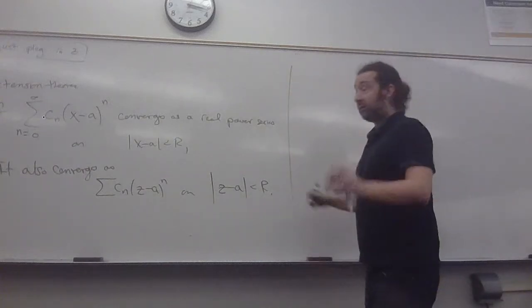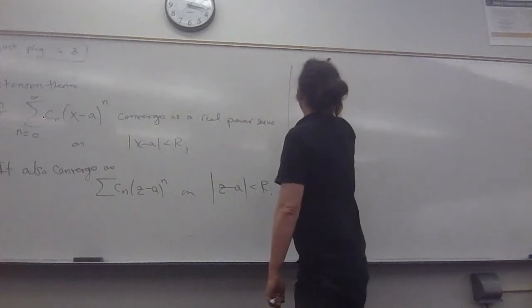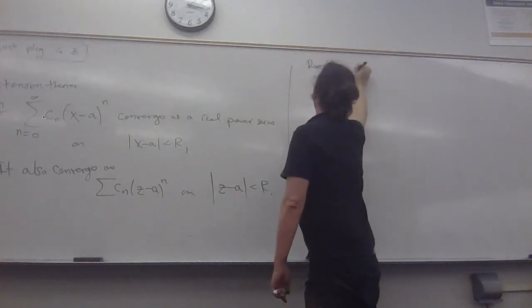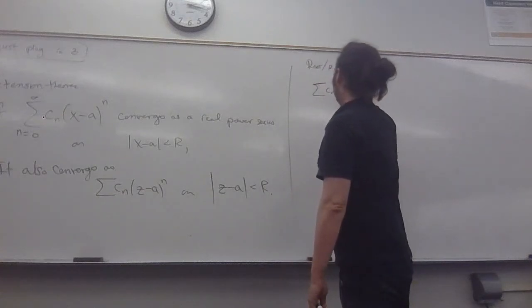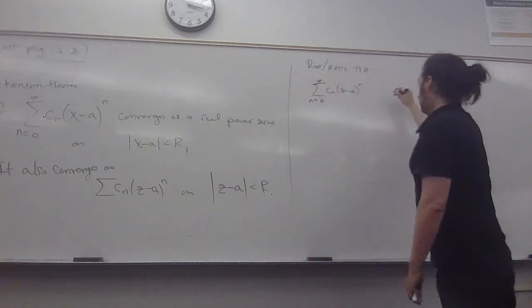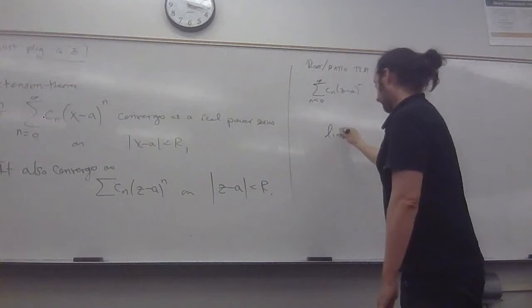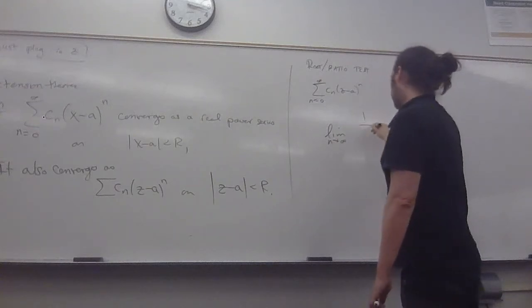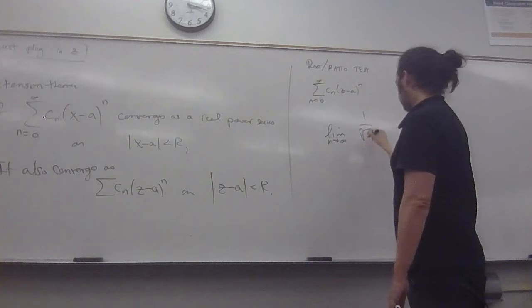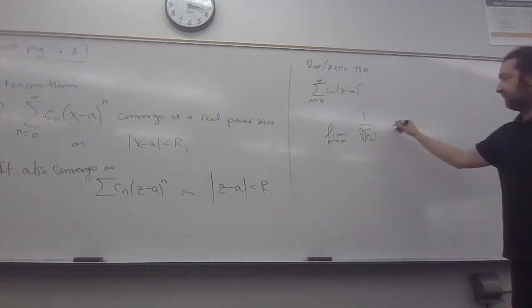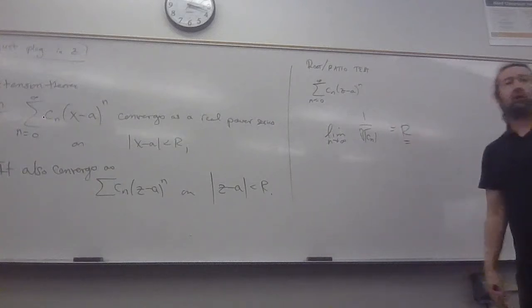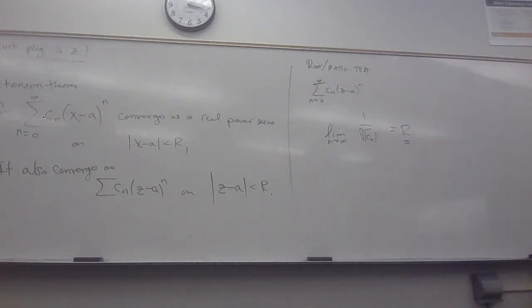So it's a theorem, actually. This is part of the root test, the root and ratio test. It basically says that if you have a series that looks like this, sum from n equals 0 to infinity, and you compute the limit as n goes to infinity of 1 over the nth root of the absolute value of c_n, that this number that we call r, if that limit exists, is the radius, and it is the largest radius on which this series will converge.